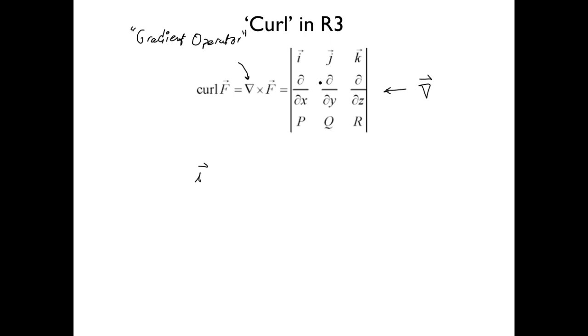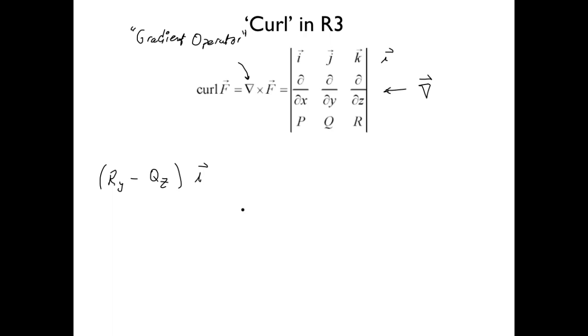It would be the partial of r with respect to y, minus the partial of q with respect to z. So we get r_y minus q_z. I think that was the one we just did, in the x direction, right? YZ plane. So that's the YZ rotation.